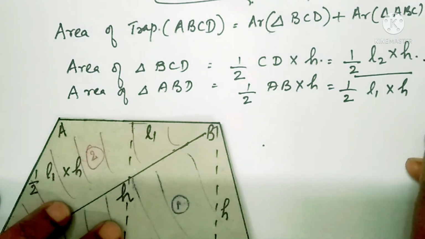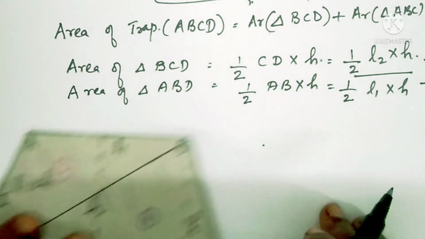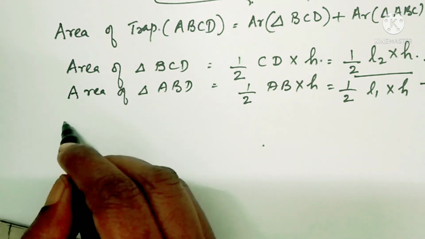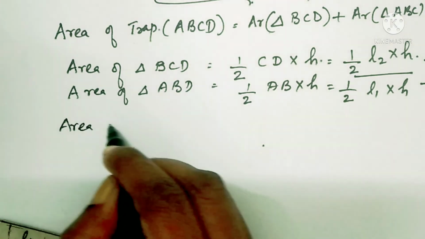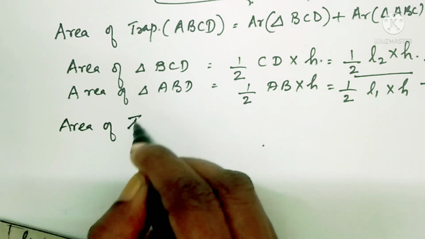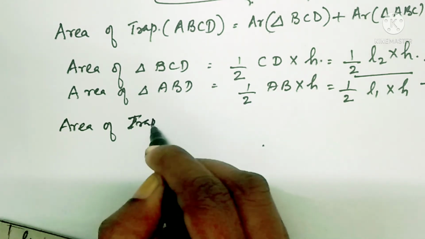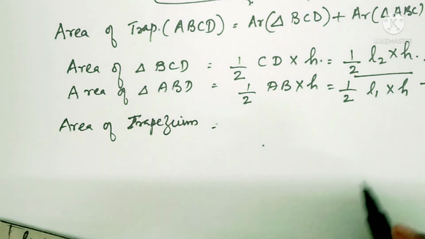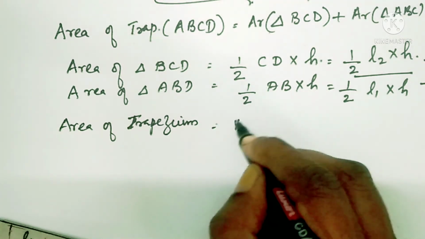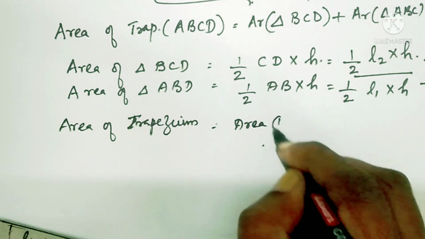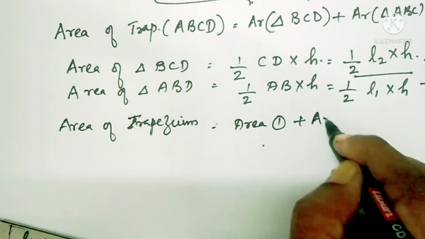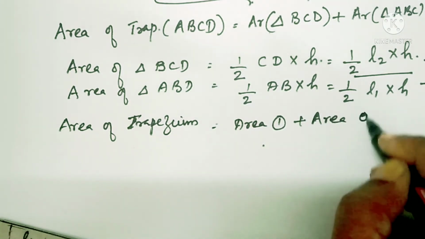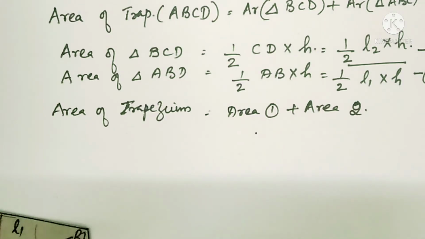So, this is number 1 area, this is number 2 area, and you know that area of trapezium is the sum of these two areas. Okay, area 1 plus area 2.